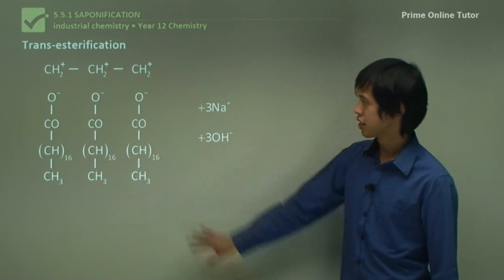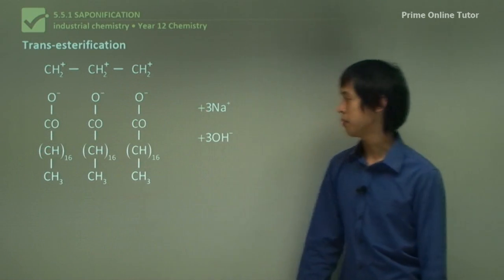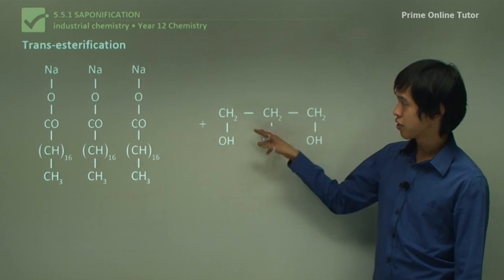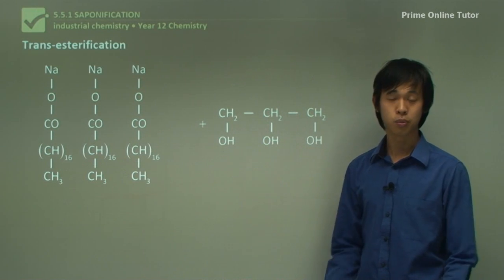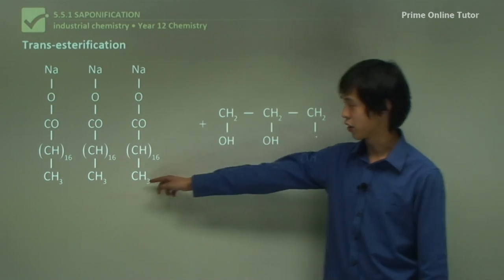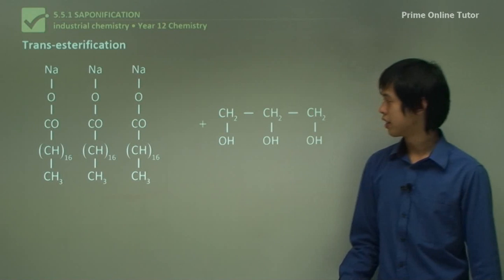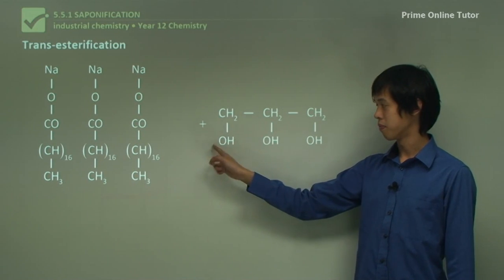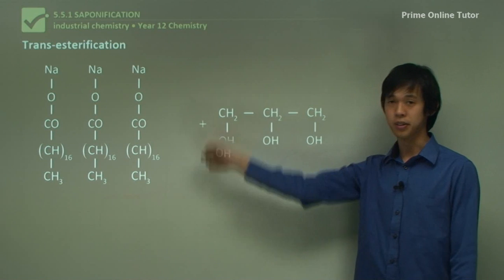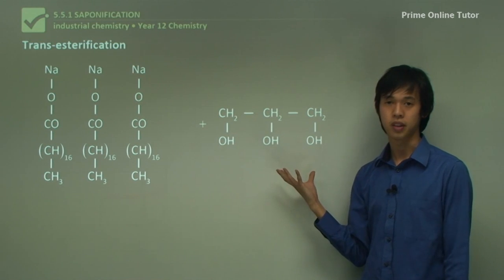So we've broken the bond here. Then those 3 Na+ join up to the end of these stearate molecules to form sodium stearate, 3 of them, 1, 2, 3. And the OHs join the negative end of these to form this glycerol group. So this whole thing is glycerol.